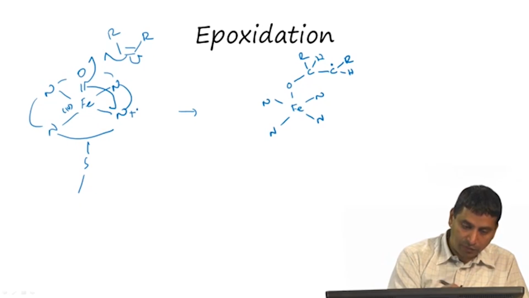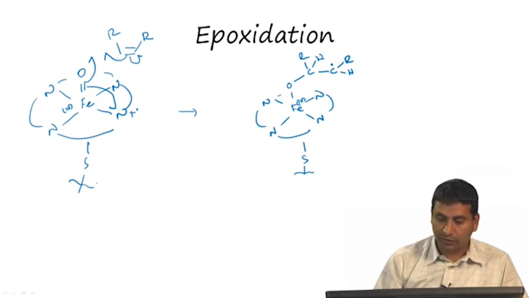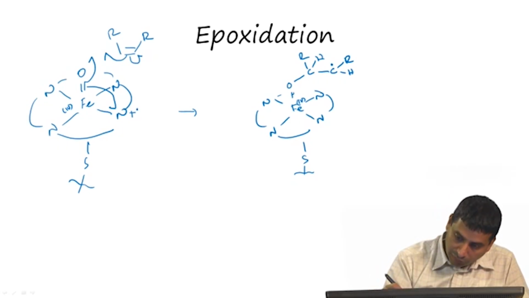Iron is still in oxidation state 4, continues to remain in oxidation state 4, and you have a thiol residue that is attached here. And once this is formed, now there can be a reaction of this radical with oxygen in the following manner.